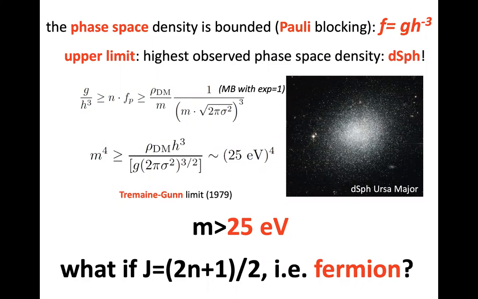And this was figured out when I was a teeny little baby, more than 40 years ago now. It's the so-called Tremaine-Gunn limit. And it boils down to this: fermionic dark matter in a completely model-independent way cannot be lighter than a few tenths of a keV, if you put in the right up-to-date numbers, a few hundred electron volts.